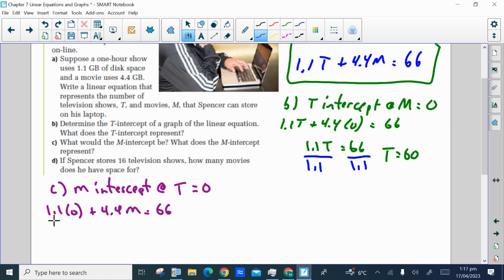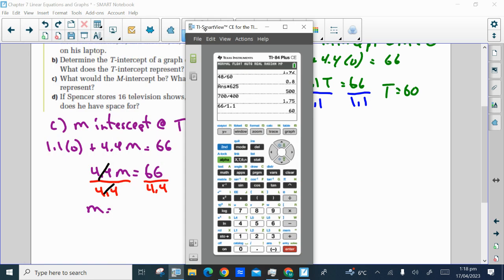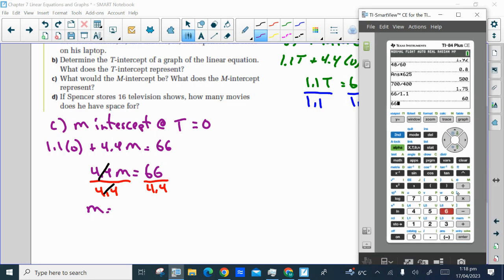And again, when you let t equal 0, that term disappears. 1.1 times 0 is 0. 0 plus 4.4m will just be 4.4m. And we will divide both sides by 4.4 to get m by itself. So you get 66 divided by 4.4, which is 15.